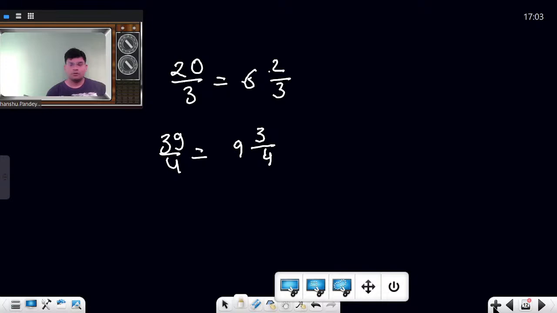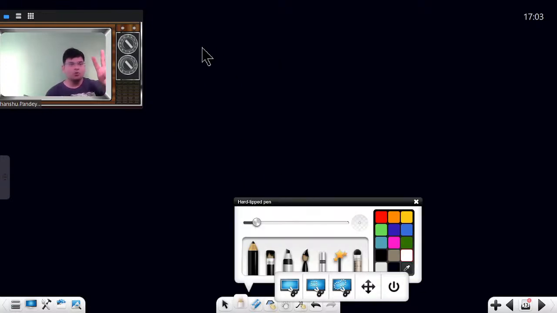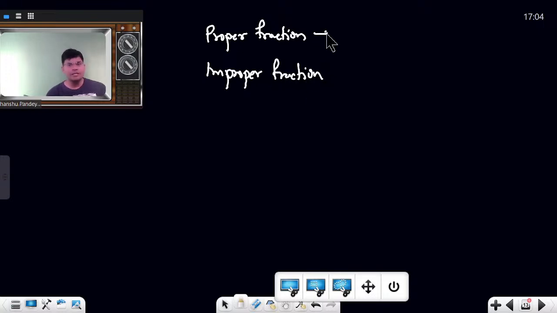ओके. So first of all, I have to make you understand that there are two kinds of fraction. One is proper fraction and the second one is improper fraction. Now what is the quality of proper fraction? That the numerator is less than denominator, and in this case numerator is greater than denominator.